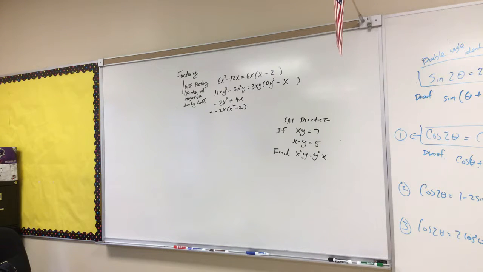The question says xy equals 7, x minus y equals 5, and find x squared y minus y squared x. I told you it's equal to a number, but you have to figure out what that number is.